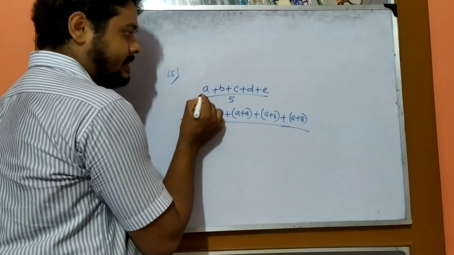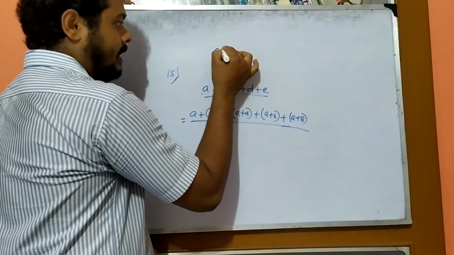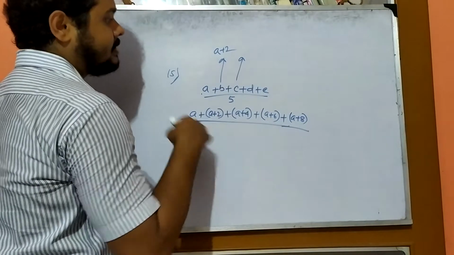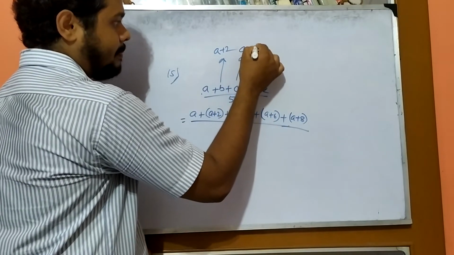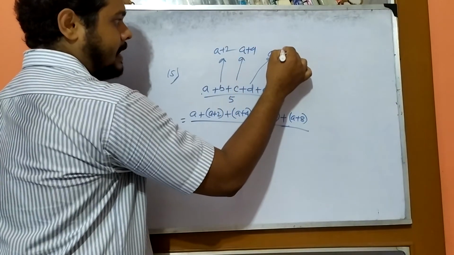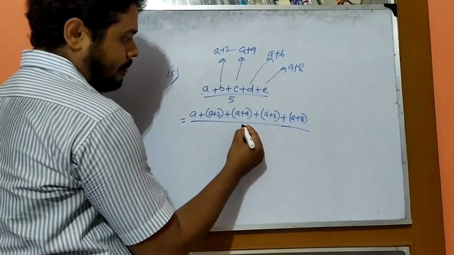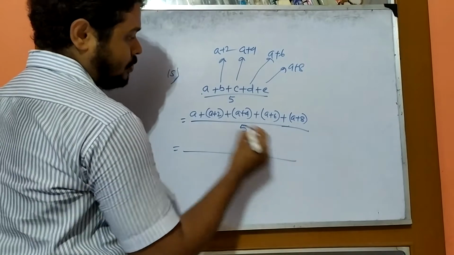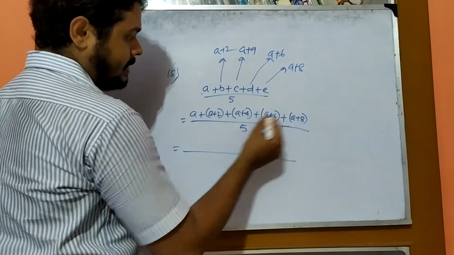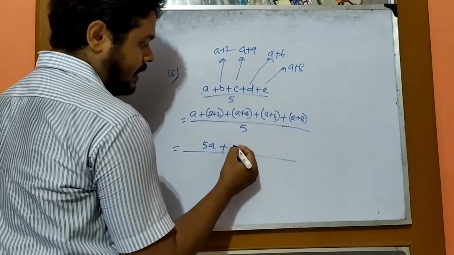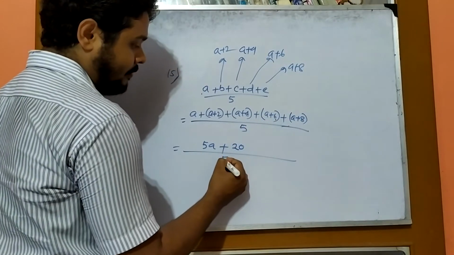If the first number is A, then B is 2 more than A, and C is again 2 more, that means A plus 4, D is A plus 6, and E is A plus 8. So their average, divided by the total number of terms 5, is 5A plus 2, 4, 6, 8, that is 20, by 5.